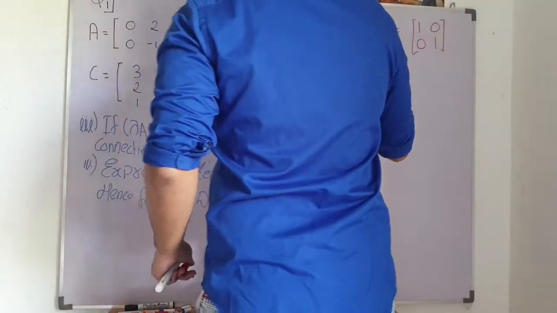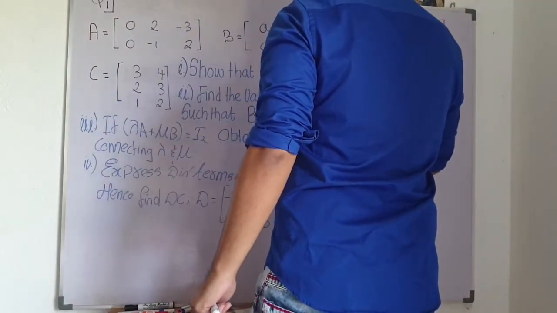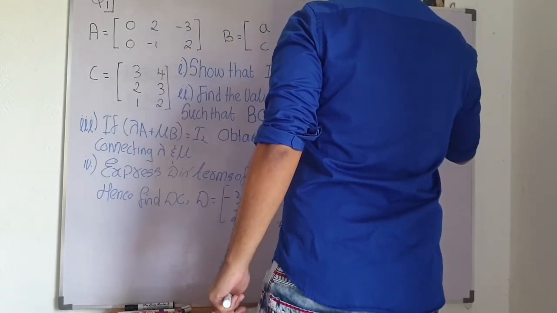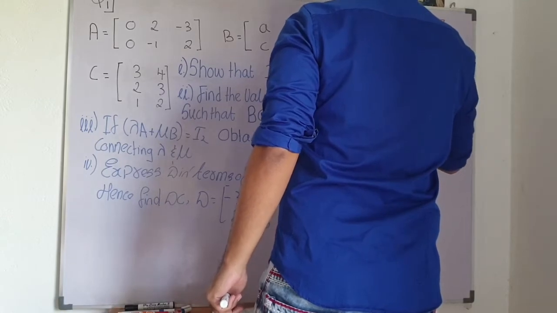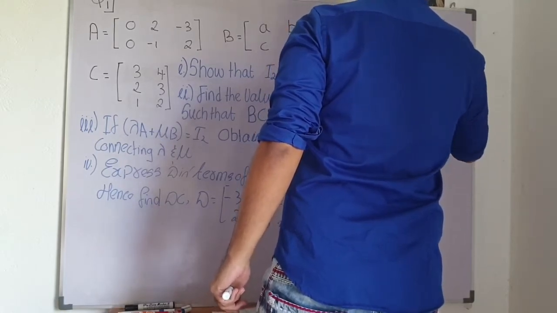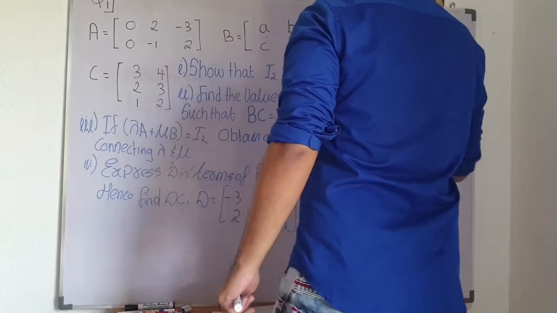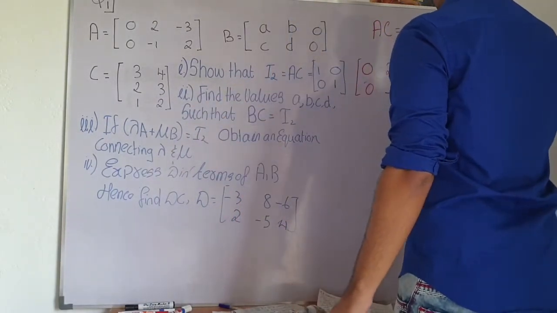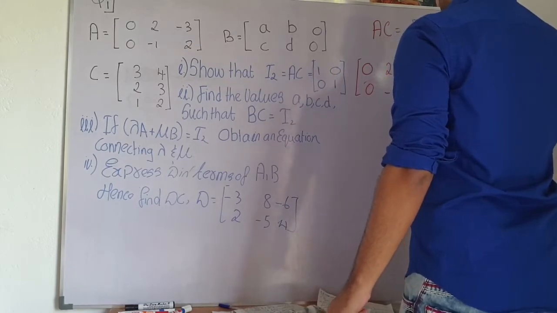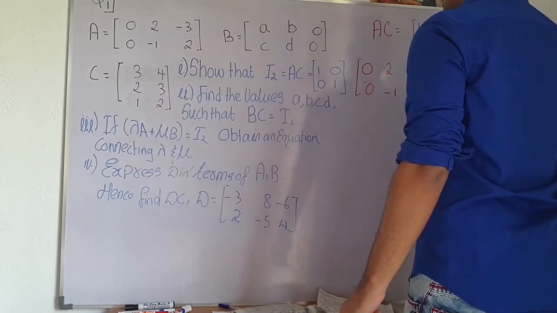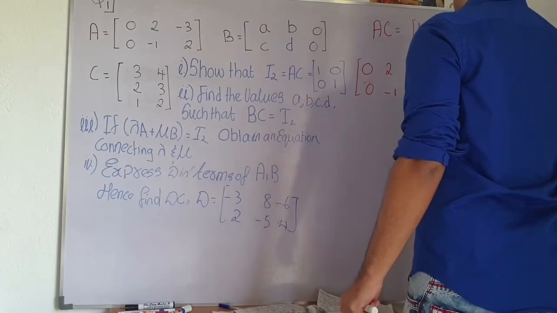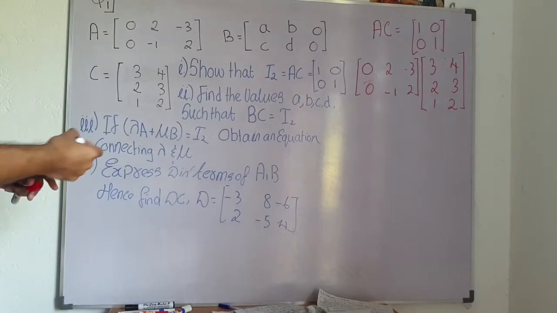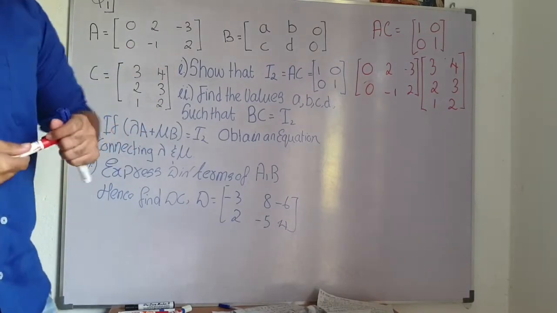And A is going to be 0 2, 2 minus 3 0 minus 1 2, whereas C is going to be 3 4 2 3 1 and 2. So now we can see that we have just written the two matrices A and C in that order.